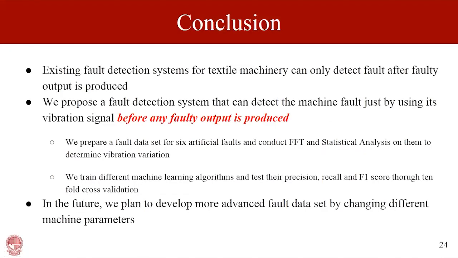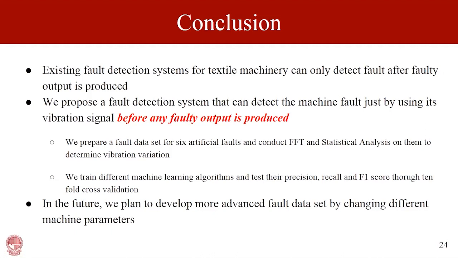Now, as a conclusion, we can say that existing textile machinery fault detection systems can only detect machine faults after the faulty fabric output has been produced. But in our case, we can detect the machine fault even before any faulty fabric output is produced.